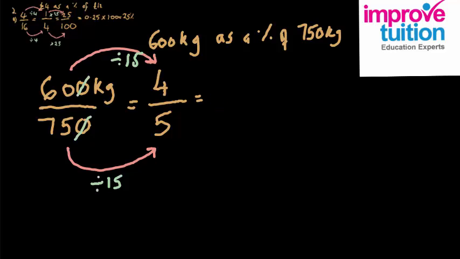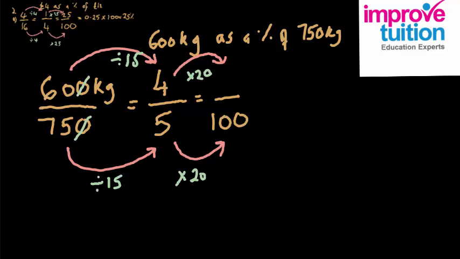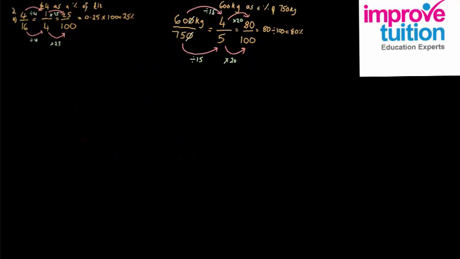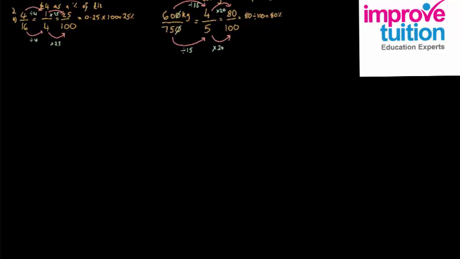You could do it out of 10 as well, but we're going to do it out of 100. It's 5 times 20 and 4 times 20, which is 80 over 100, which is 0.8. Times 100 is 80%.